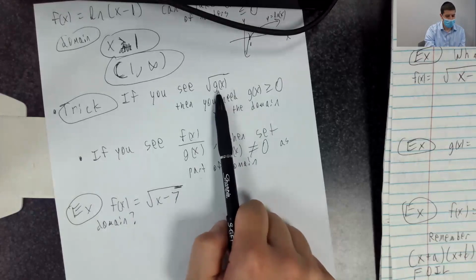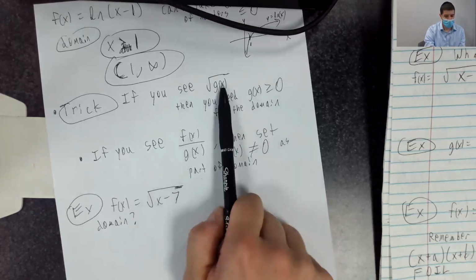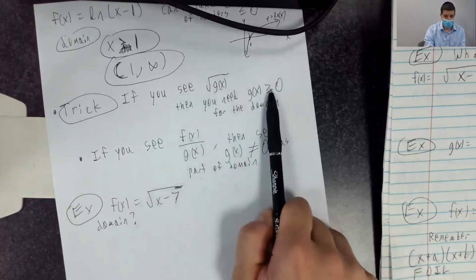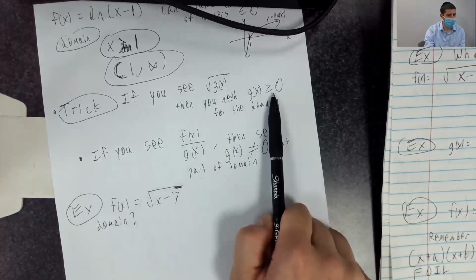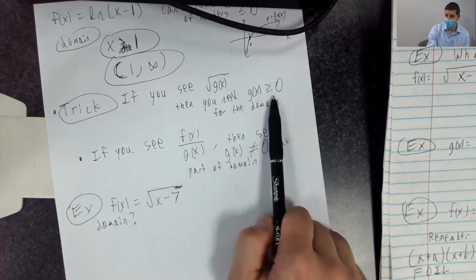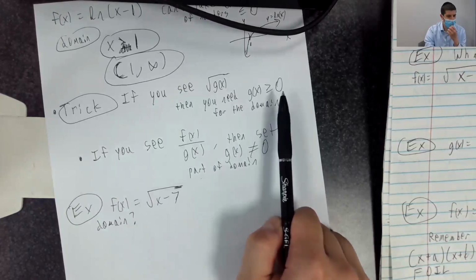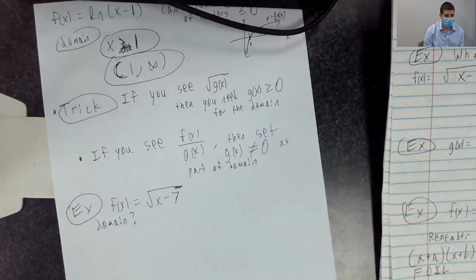This trick is basically step 1. Whatever you see inside the radical, set it greater than or equal to 0, and then solve for x. You'll solve for x as an inequality. Okay, you'll have to do a little bit of algebra. So take whatever is inside the radical, set it greater than or equal to 0, and then try to solve it.